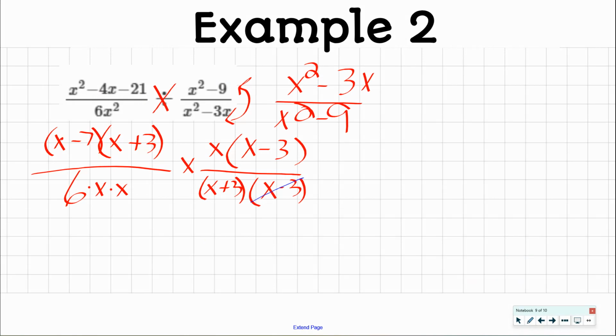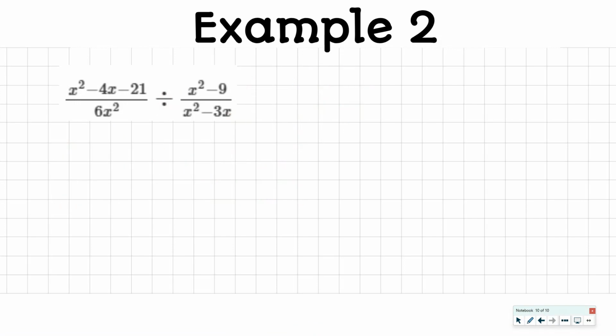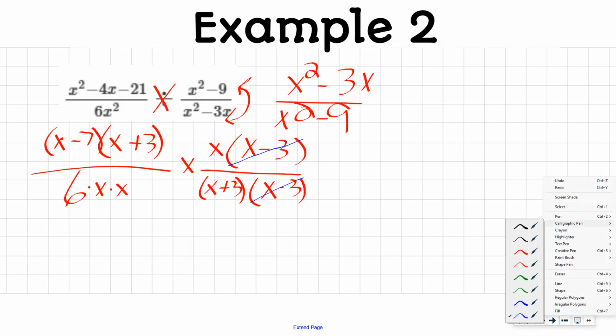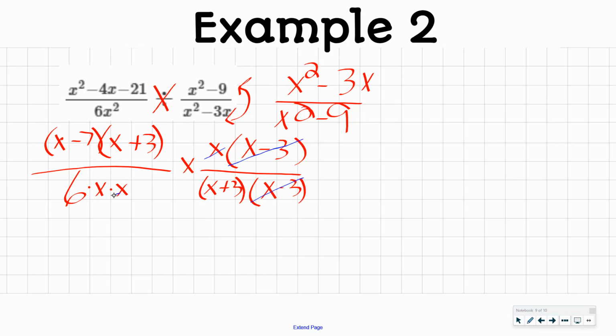All right, I just wanted to change my color here. So show me crossing out my like terms there. And then the x here, I want to cross it out. I'm going to cross out one of these x's. Oh, and then I have an x plus 3. I want to take that out as well. So what do I have left?